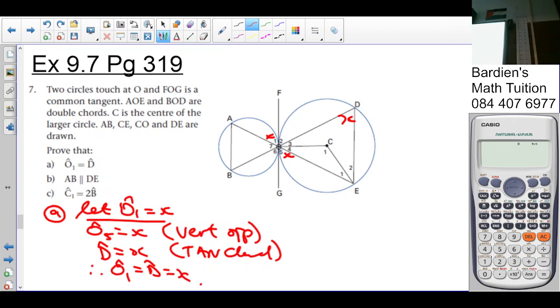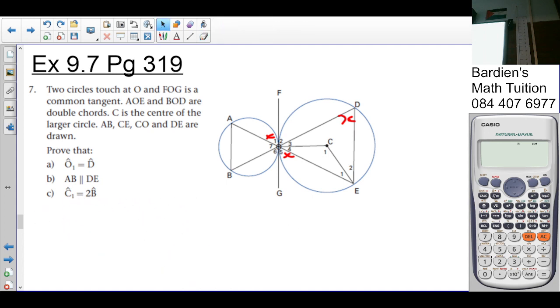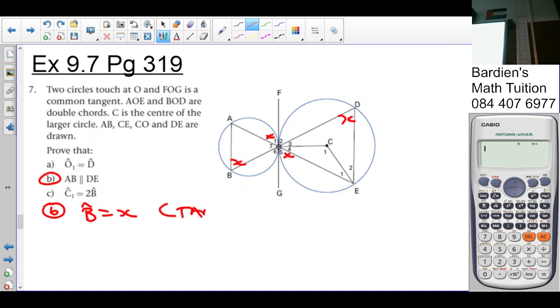Alright? You guys got it? Yes. Again, I'm taking this off because of space, okay? Let's go with B. We spoke about that one already, not so? Yes. So we need to know that B is X. Why is angle B X? Tan chord here. So what do we say? State the obvious.